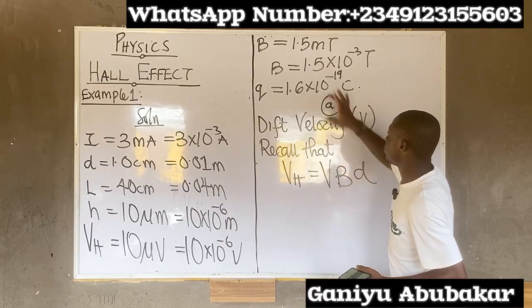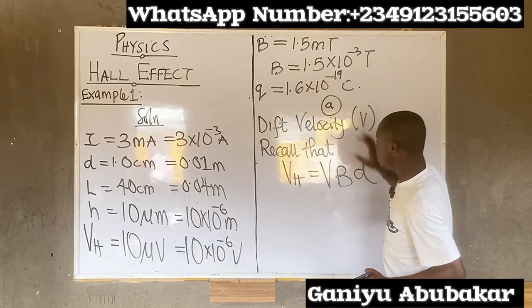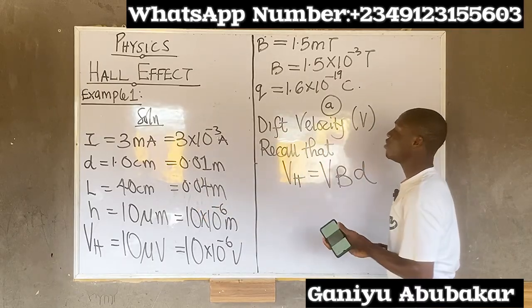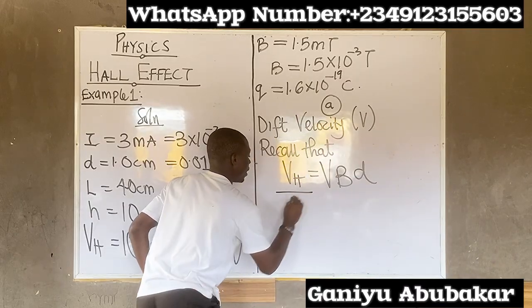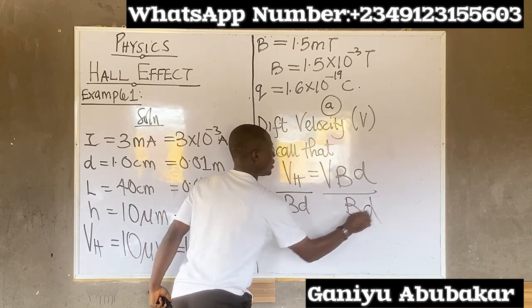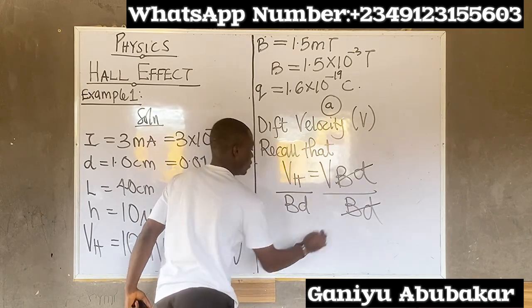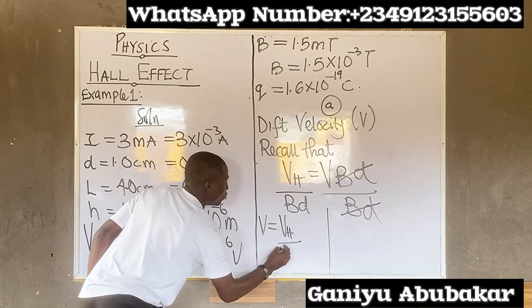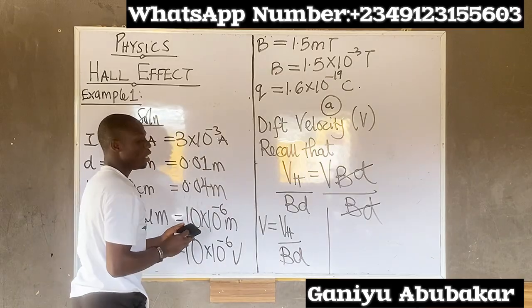Capital B, of course, is given here. d is given also. So we can get v easily. Let's make v the subject, dividing by Bd on both sides. This cancels this here. I have that v equal to VH over Bd. Input parameters.